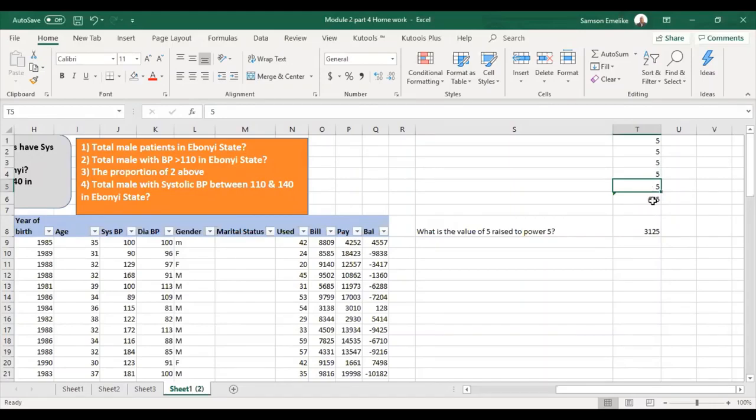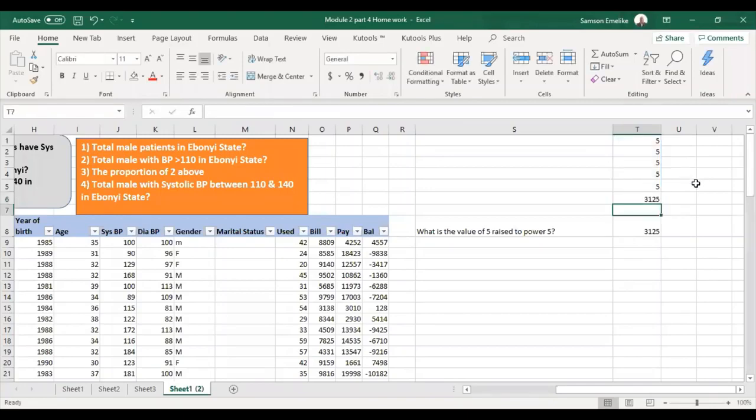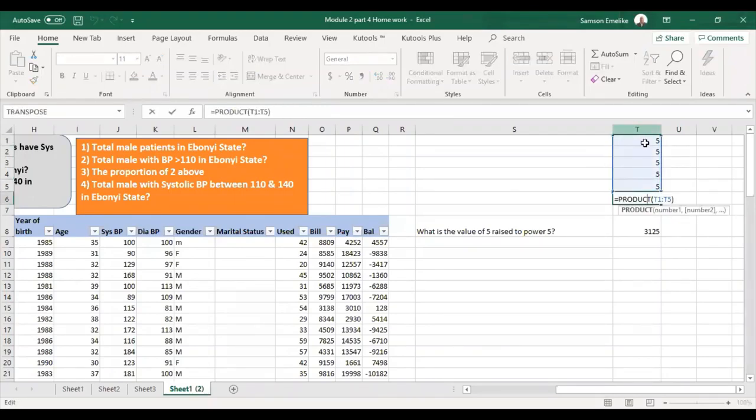Why are we having this? Okay, I didn't select all here. So 5 times 5 times 5 times 5 times 5 is the same thing as product. I select all of them.